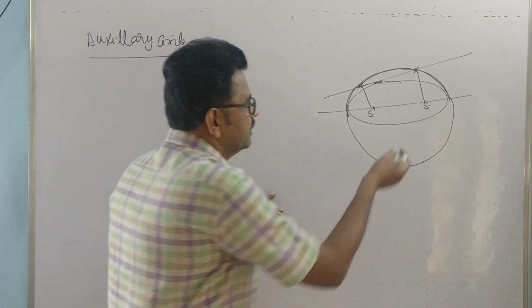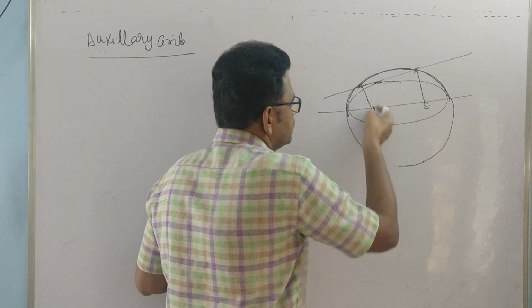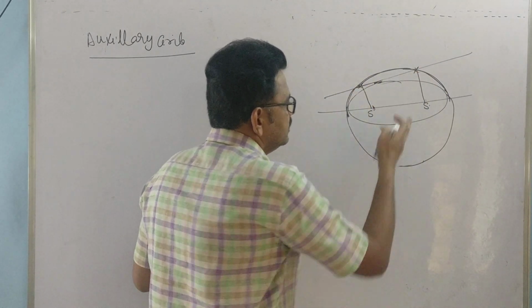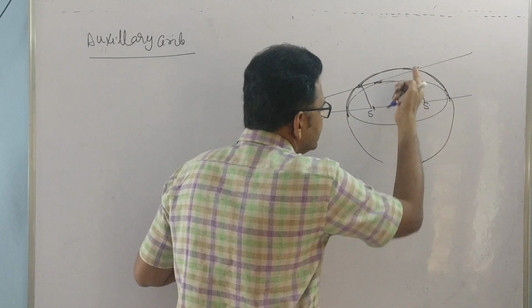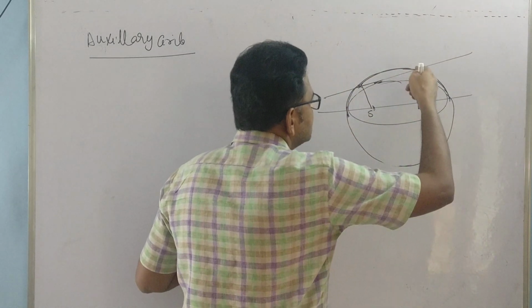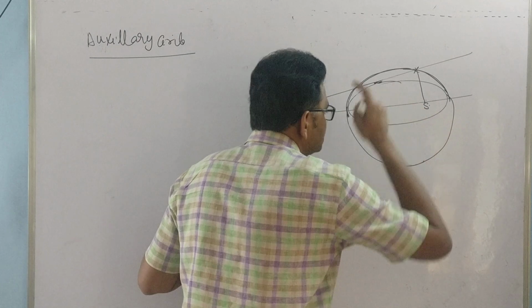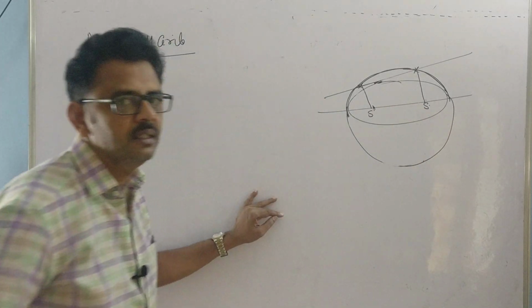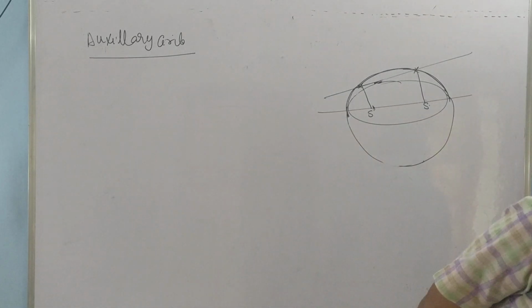The locus of feet of perpendiculars, that means the foot of perpendicular, this point, the foot of perpendicular, this point. The locus of feet of perpendiculars drawn from foci to any tangent to the ellipse lies on a circle concentric with the given ellipse is known as the auxiliary circle. Okay, just write down the definition.